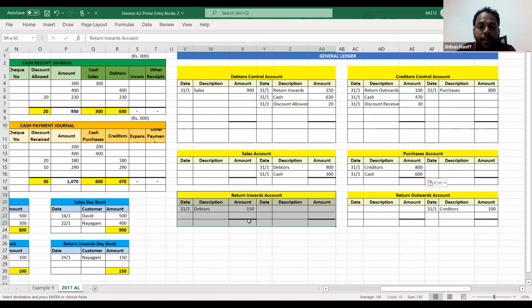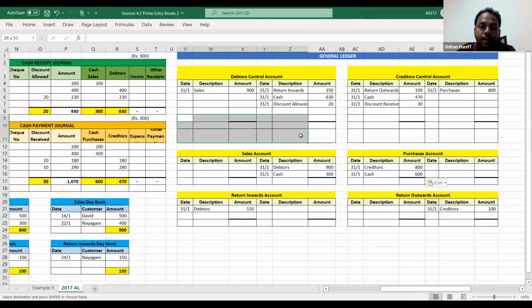We record in a separate account, and when we are preparing the income statement, we show sales minus the return. From now, total sales 1100, from that 150 return. In the next part I will explain how we take this in the income statement. We are not taking inwards and outwards into sales and purchases accounts.